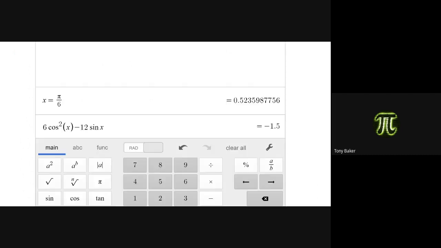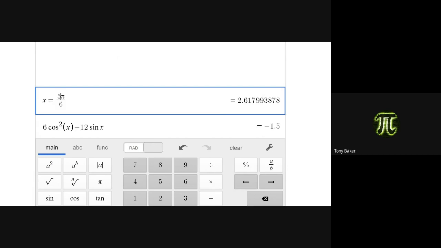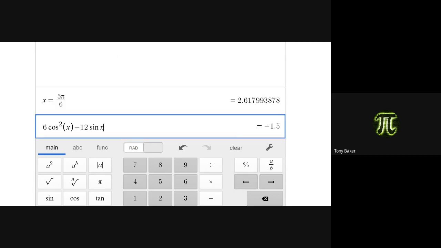So if you plug in pi over 6, we get negative 1.5, so it's negative 3/2. And if we plug in 5 pi over 6, we also get negative 3/2. So those two points would make sense.